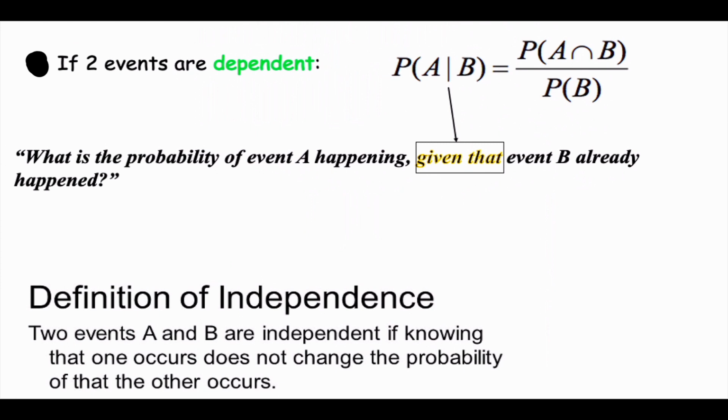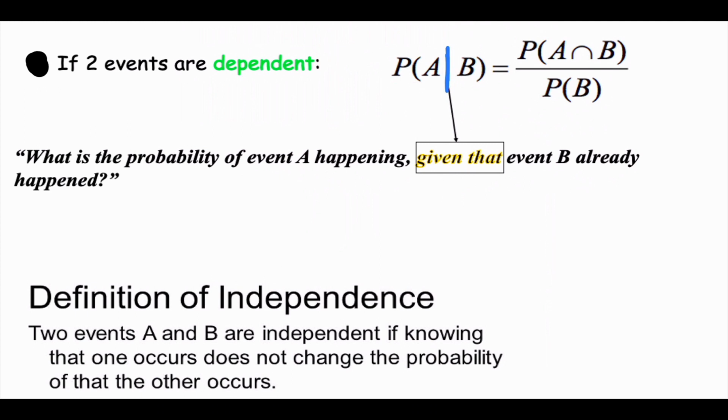The big thing that you might notice is that there's a line in between A and B. A lot of people think that's division. It's not division. It's a symbol. It means something. What does it mean? It means given that something already happened. So what this question is saying is, what is the probability that A happens given that B already happened?